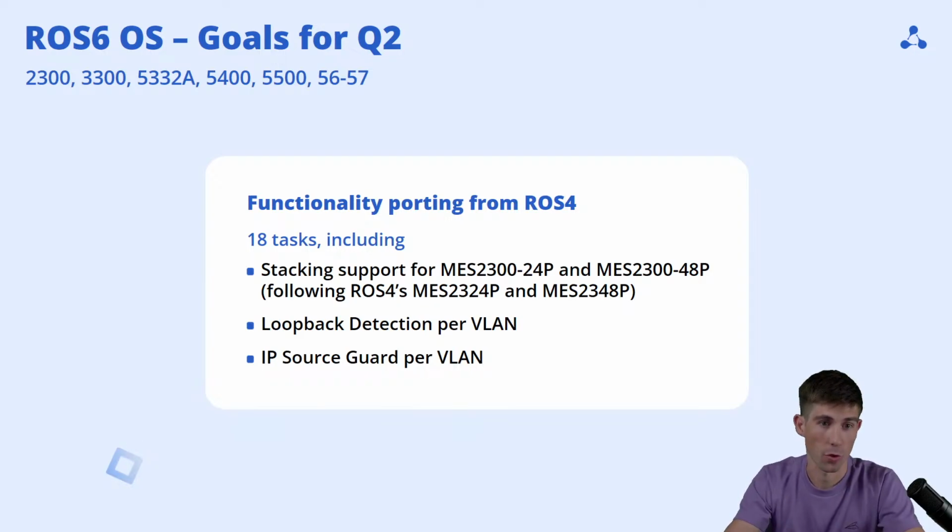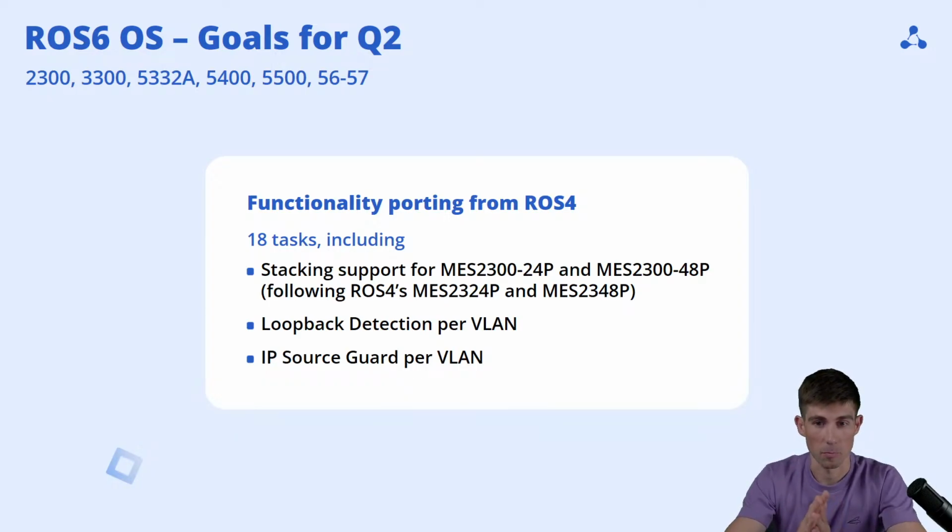Another thing worth mentioning with the ROS operating system, ROS 4 and ROS 6: for the last few years, we had them developed in parallel, side by side. So some of the equipment had ROS 4 on board, some of the equipment would ship with ROS 6, and because some of the customers and partners would use ROS 4, we would add some features requested by those customers.